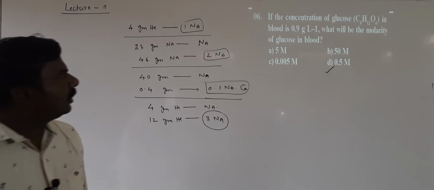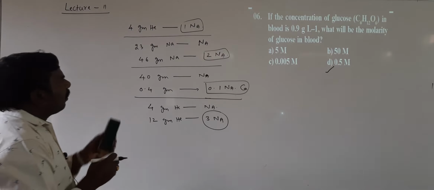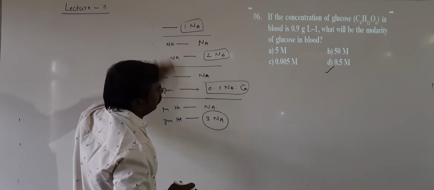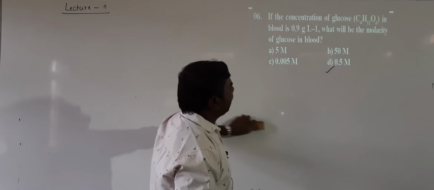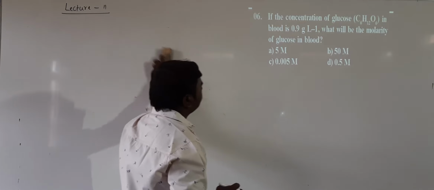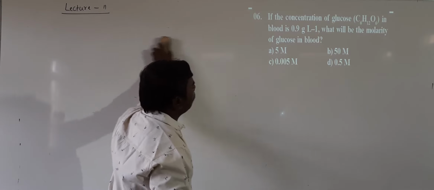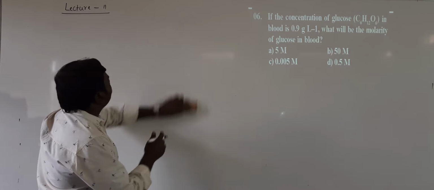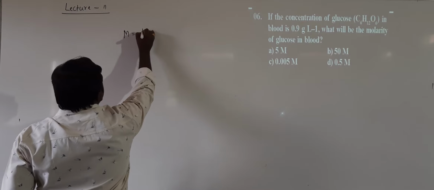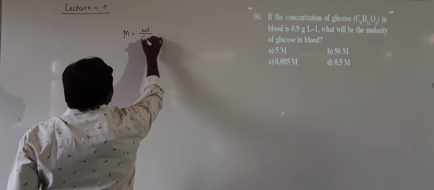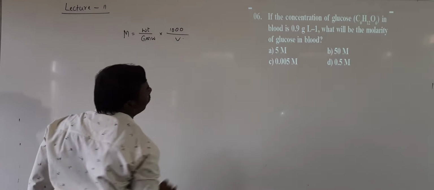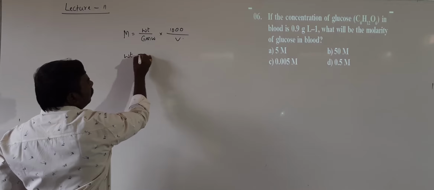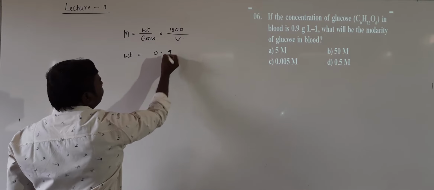Next, if the concentration of glucose in blood is 0.9 gram per liter, what is the molarity? Molarity formula is weight by gram molecular weight into 1000 by volume, where weight equal to 0.9 grams.